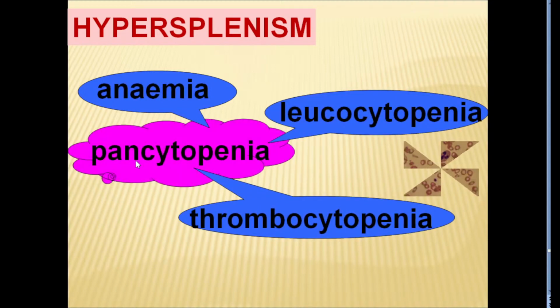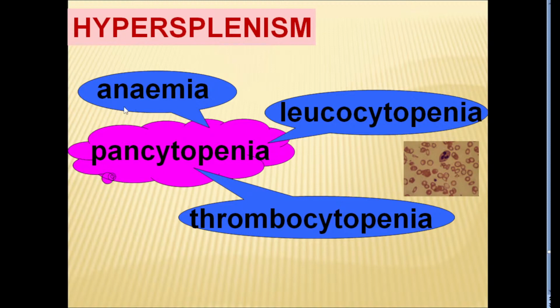Our main function of the spleen is control of the blood cells and their destruction. As a result, in the blood will be revealed decreased level of red blood cells, anemia, white blood cells, leukocytopenia, platelets, thrombocytopenia. In other words, blood becomes poor with blood elements because of their intensive destruction in the spleen.